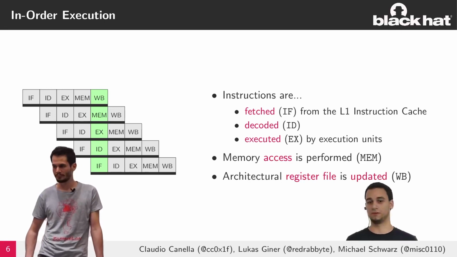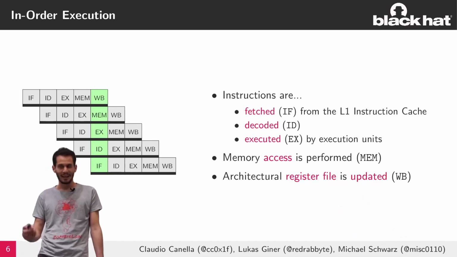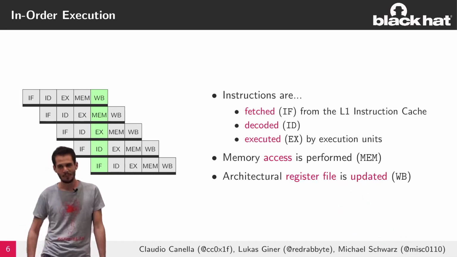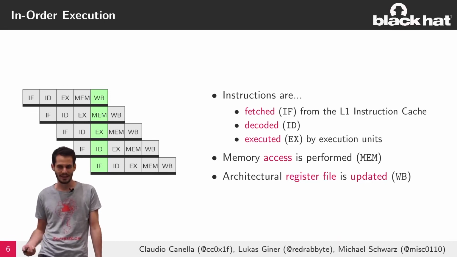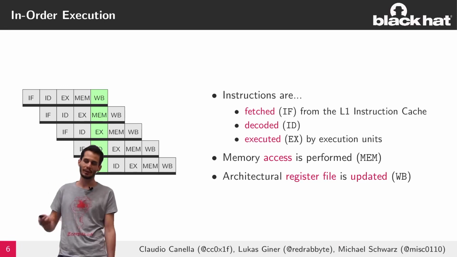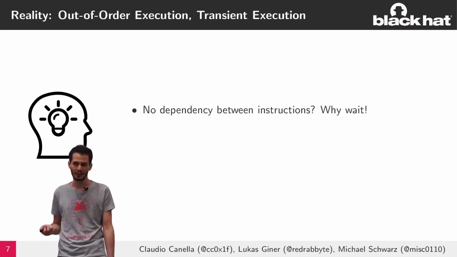I always thought that microarchitectures are much more complex than that. Well, that is a very simple microarchitecture. In general, in modern architectures, you want more performance, and more performance means superscalar. And superscalar means that we do loads of things in parallel.